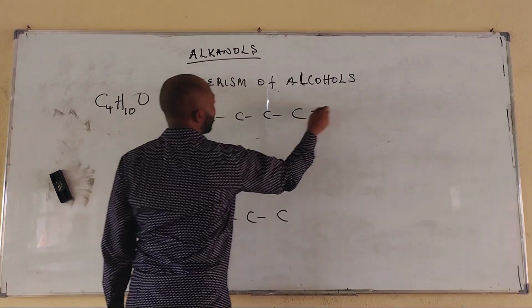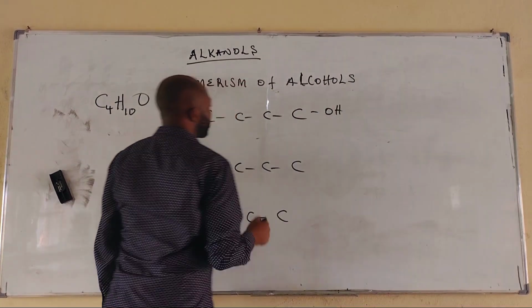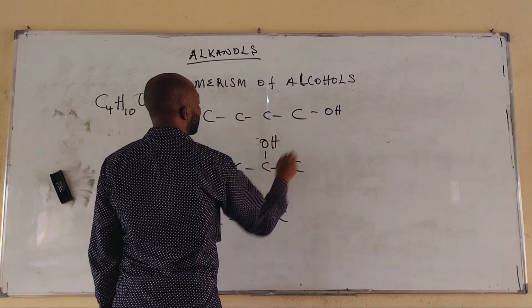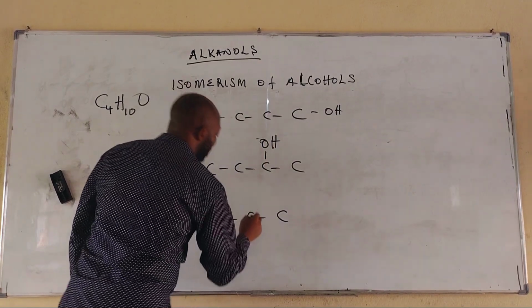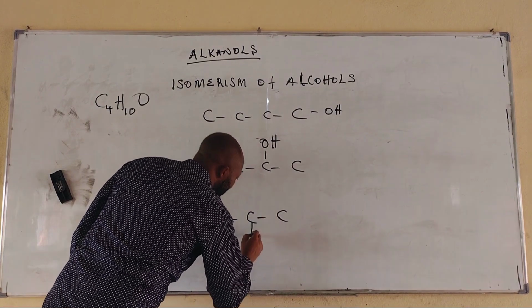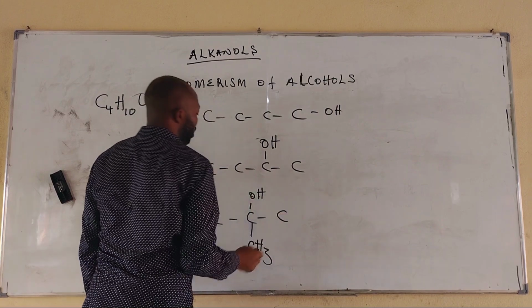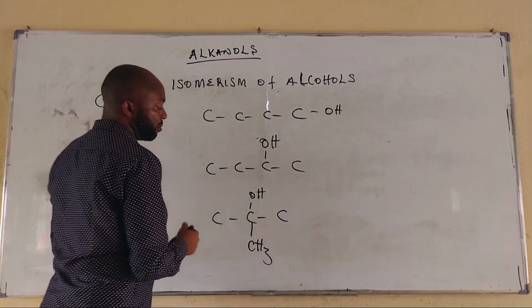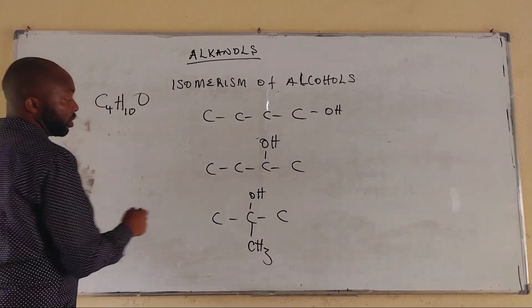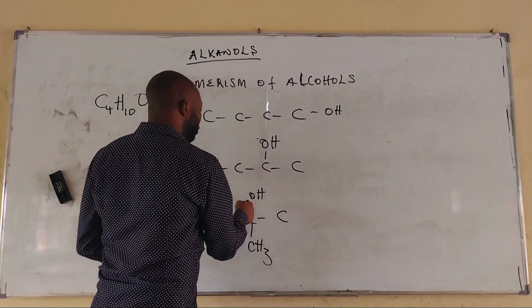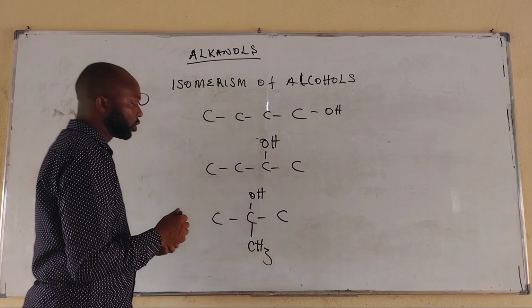If I have my OH here, it's 1-butanol. If I have my OH here, it's 2-butanol. If I have my CH3 here and OH here, it becomes 2-methylpropan-2-ol, or 2-methyl-2-propanol.